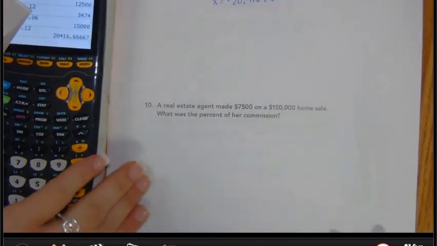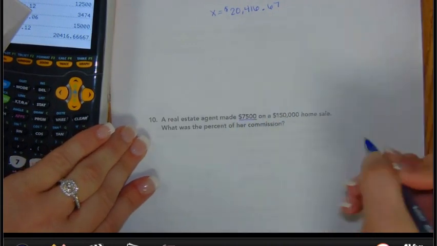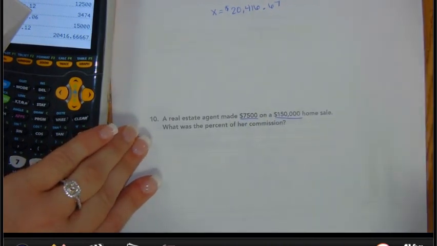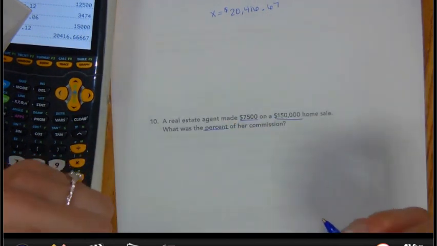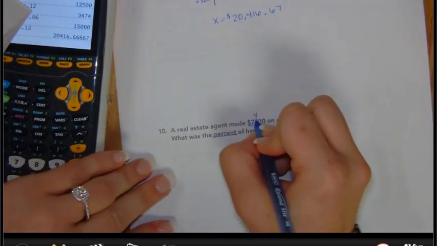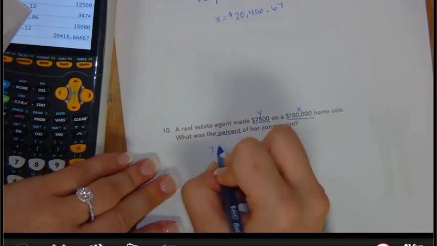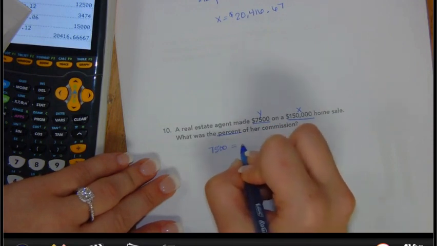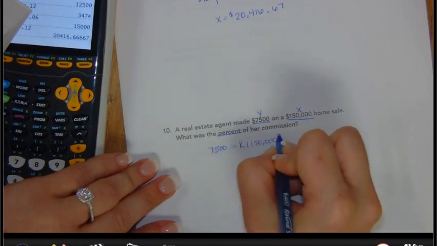All right. And the last one, number 10, a real estate agent made $7,500 on a $150,000 home. What is the percent commission of their home? All right, so I know Y, I know X, I'm trying to find K. So I'm going to have 7,500 is equal to K times $150,000.